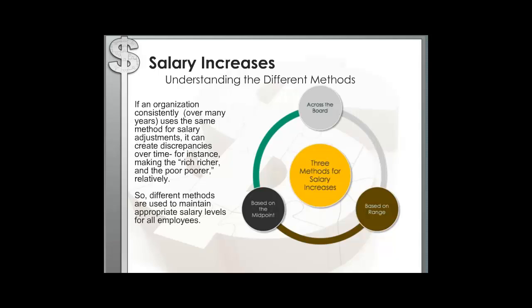Basing a raise on the midpoint means you're going to take a group of employees, say the teachers or the custodians, and you're going to say, we're going to base a 3% raise on the midpoint.